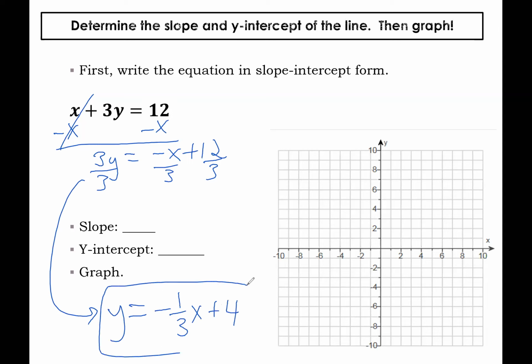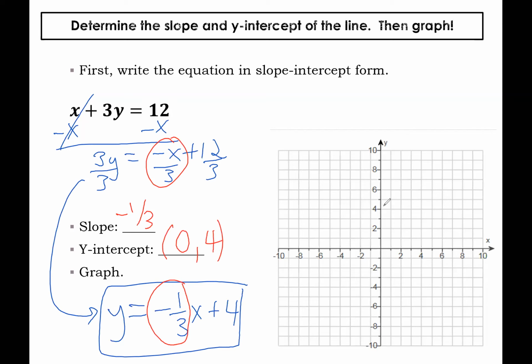So here's my equation. I rewrote it that way so we could easily see the slope, which is right here. So our slope is -1/3, which means we'll be going down 1 over 3. Our y-intercept is 4, but we're going to write it as an ordered pair, 0, 4. All right, so that's enough to make our graph.